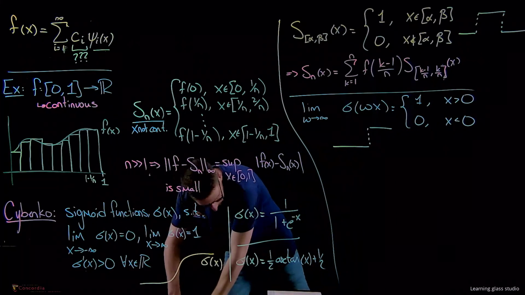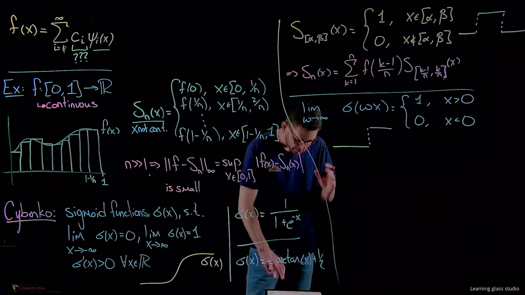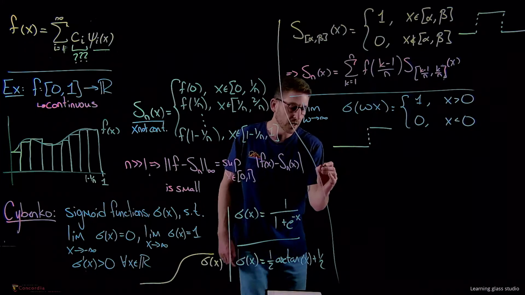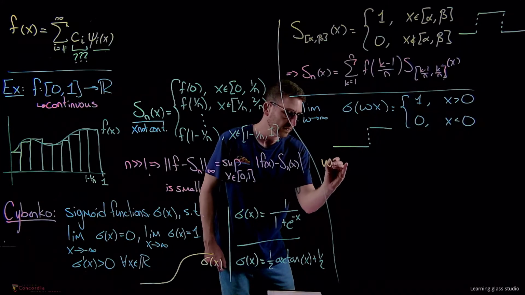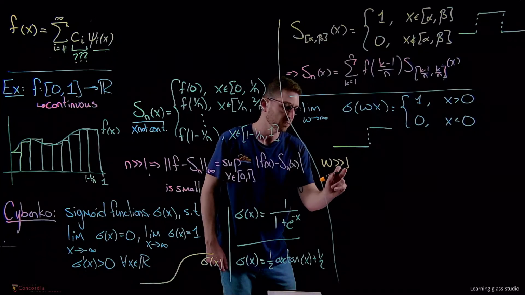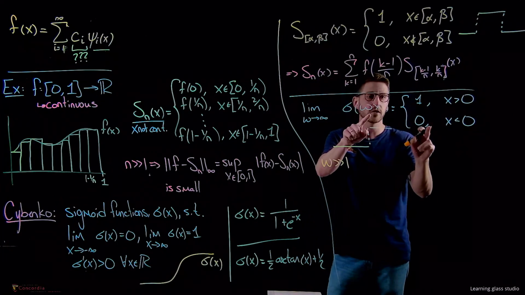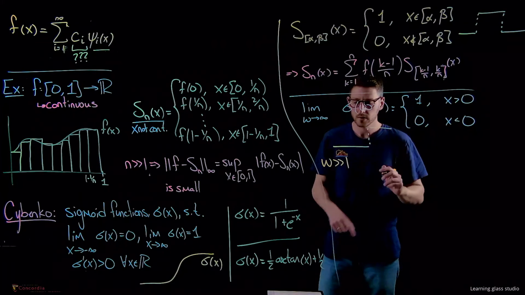So I'm going to do this very roughly. If I take w very large, w much bigger than 1, I'm getting close to the limit, but I still have a continuous function here. The limit is discontinuous.